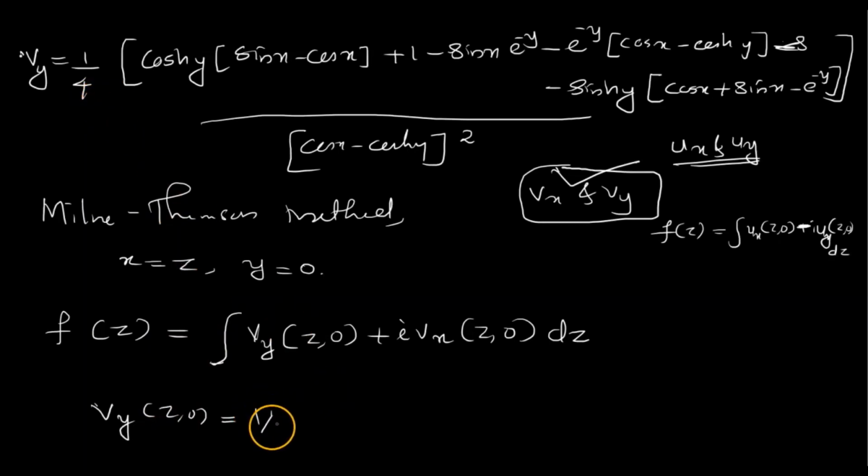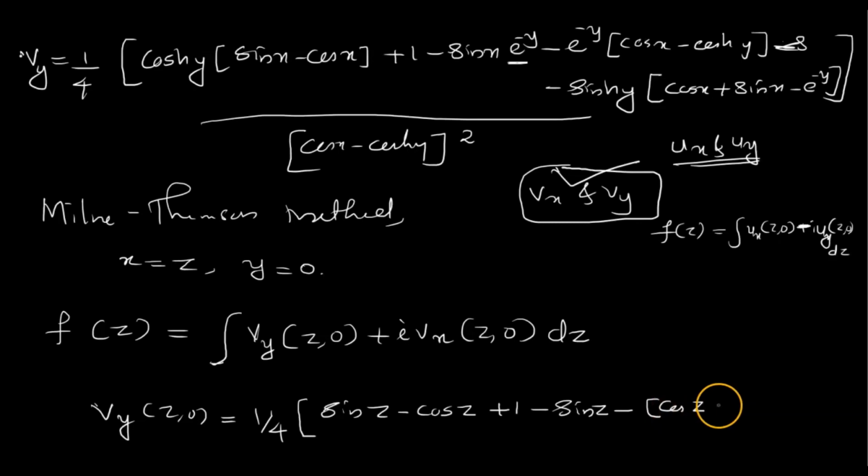So we get 1 by 4 into, this is cos h0, y equal to 0, cos h0 is 1, and sin z minus cos z plus 1 minus sin z, and this is e raised to minus 0, that is e raised to 0, this is 1, and minus again e raised to 0 is 1, into cos z minus cos h0 which is 1, and this is sin h0 into some term.